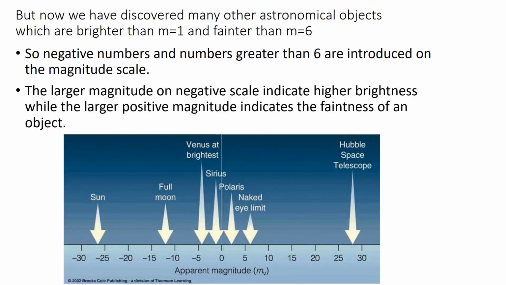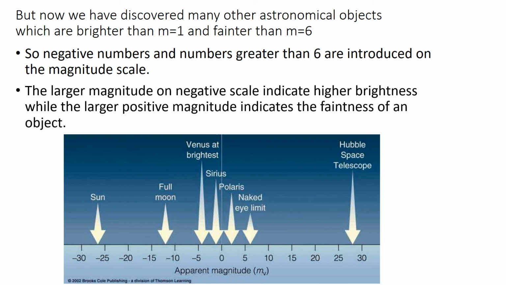So this is the modern magnitude scale. Here you can see that if we go to the left side, on negative numbers, the brightness of the objects increases, and if we go to the right side, their brightness decreases. Venus is brighter than Sirius, the full Moon is brighter than Venus, and the Sun appears to be the brightest astronomical object in our sky.